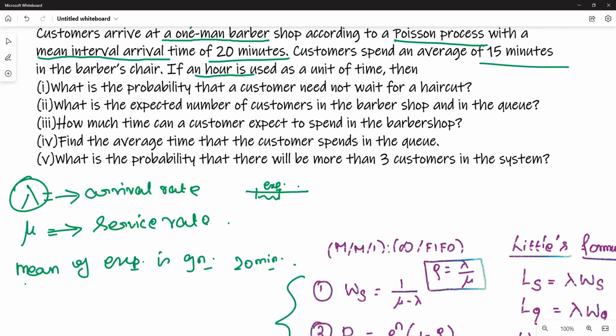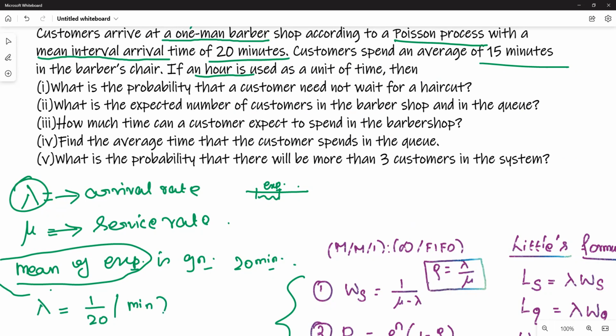The mean of an exponential distribution is nothing but the reciprocal of the parameter. So the arrival rate lambda is the reciprocal, 1 by 20 per minute.